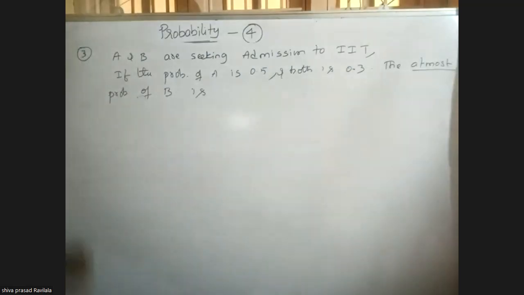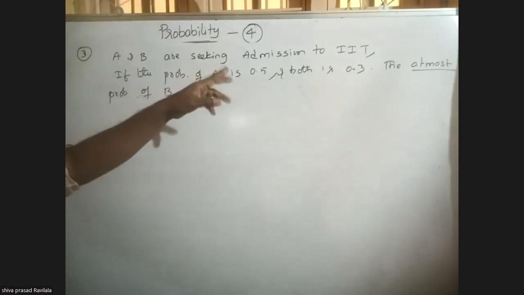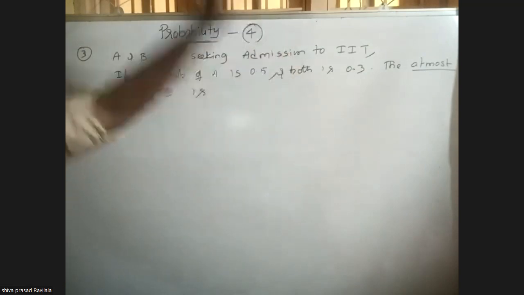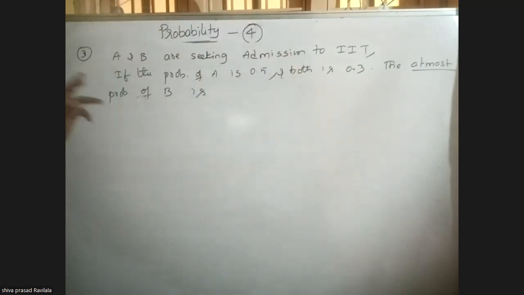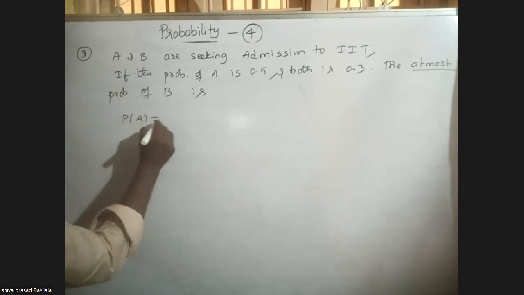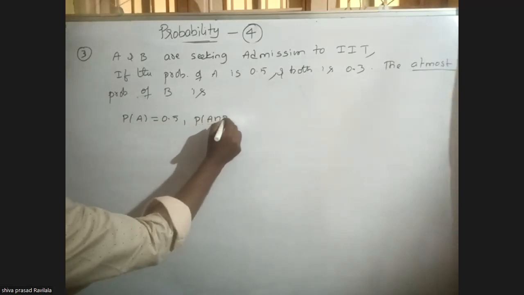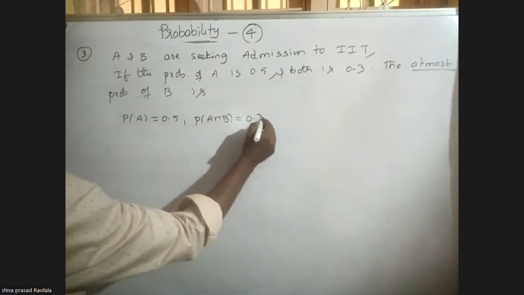Again same condition here. Probability of A is given. A, B are 2 students who are going to join the admission in IIT, and probability of capital A is equal to 0.5 and both means probability of A intersection B is equal to 0.3, then at most probability of B. Given clearly, probability of A is equal to 0.5 and probability of A intersection B is equal to 0.3.